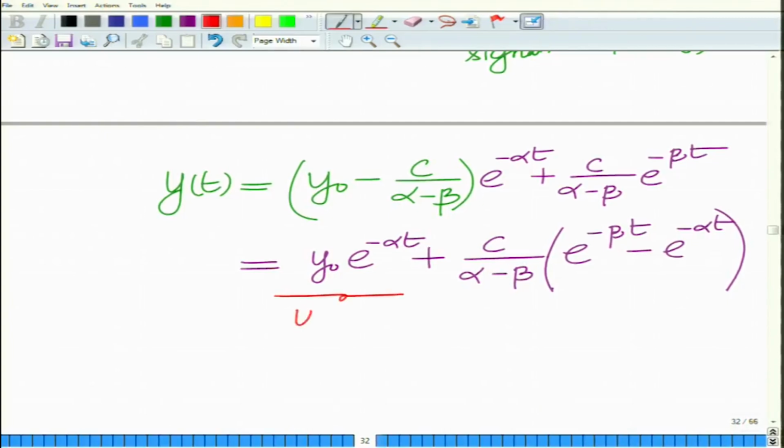You can now see that y naught e power minus alpha t is the 0 input signal, that is the output when the input is 0, and this is known as the 0 state signal.